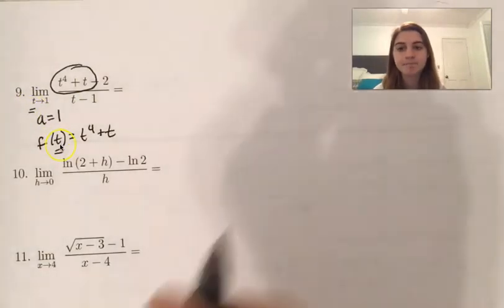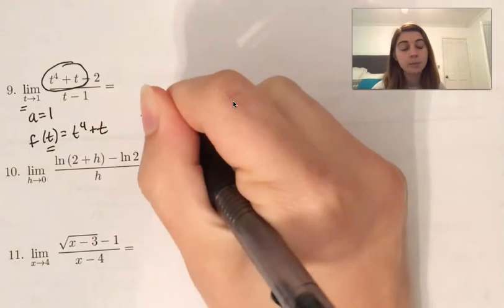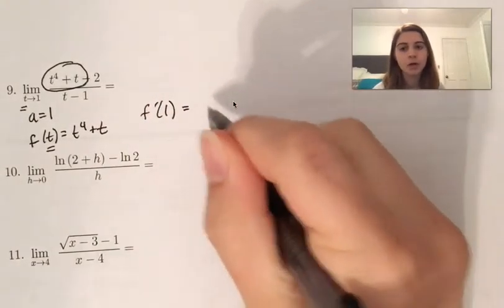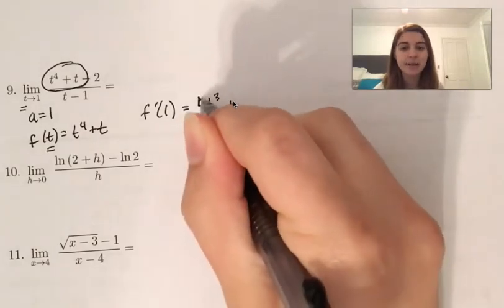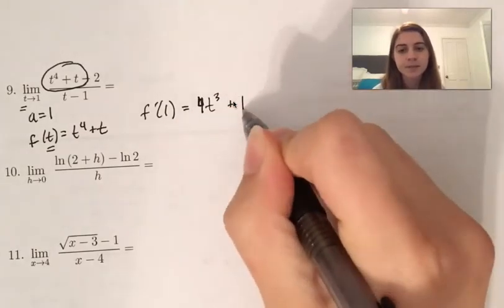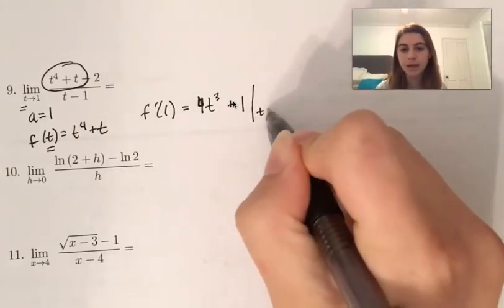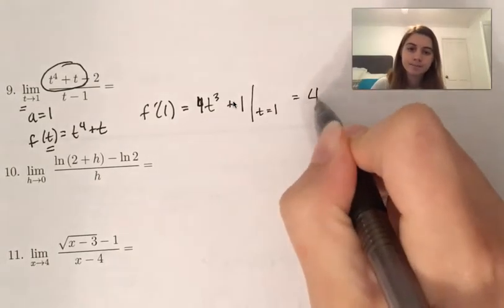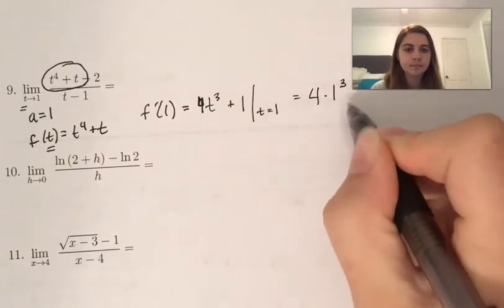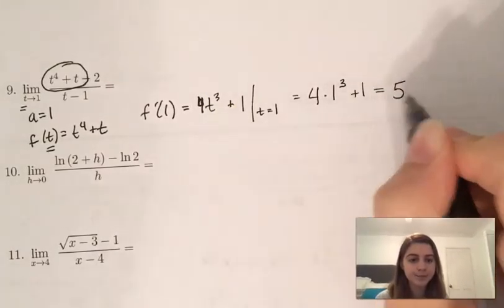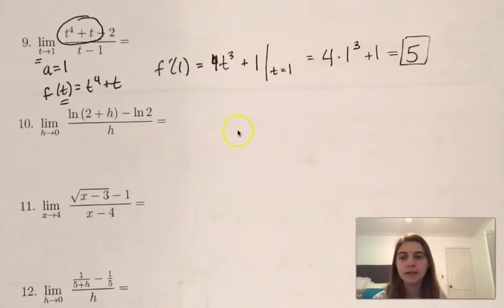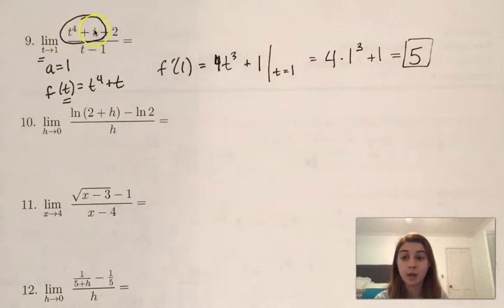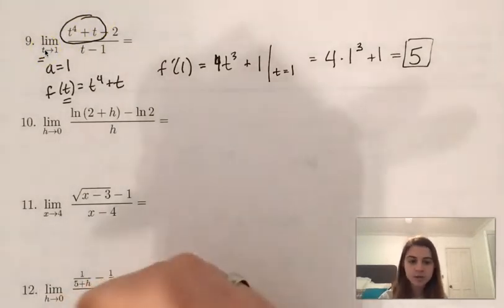So f prime of t is 4t to the 3rd. That's a 4. I know it looks kind of like a 9. It's a 4. 4t to the 3rd plus 1. And then you just plug in that t equals 1. And you get 5. So it's pretty simple once you realize that this whole thing is the function and that it is the non-h way. It's just using t.